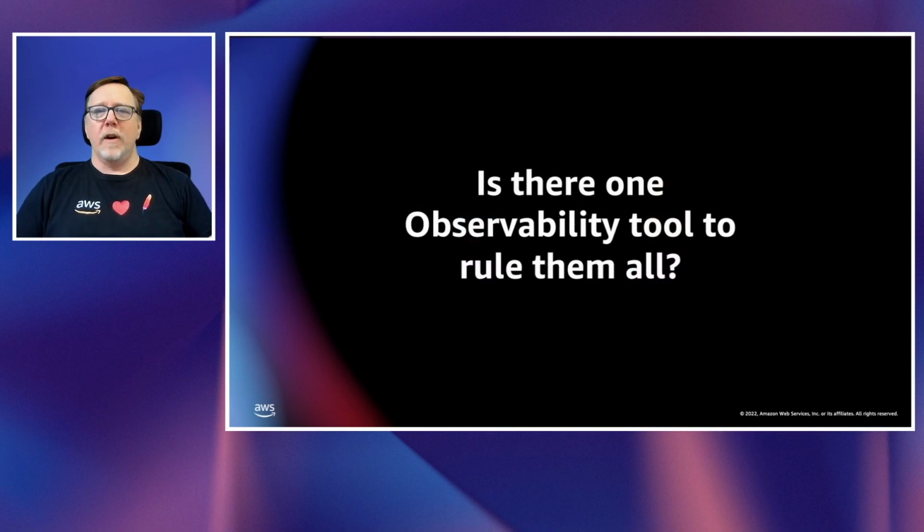So this is a complicated question. Is there one observability tool to rule them all? Sadly, the answer is no. At the moment, this is an emerging segment, and we're seeing many different technologies that enable this observability use case where there are competing possibilities, a lot of different AWS services and open source technologies that give you the fundamental capabilities that you're looking for, but you need a way to pick a single choice to go forward.